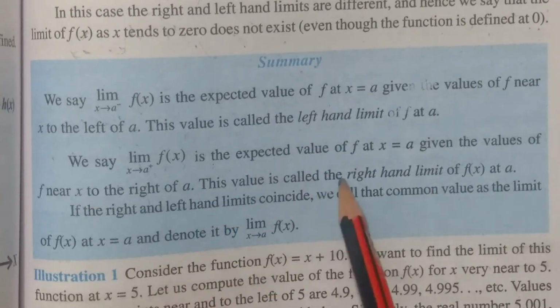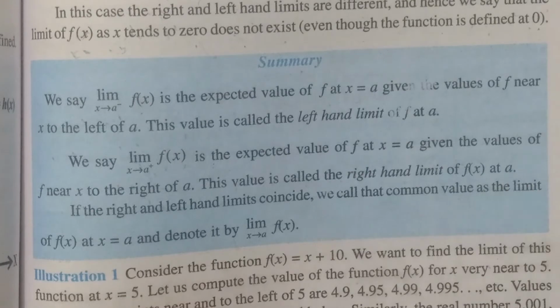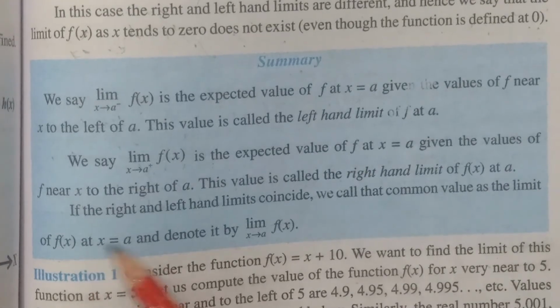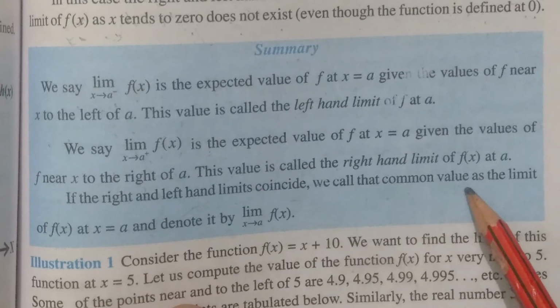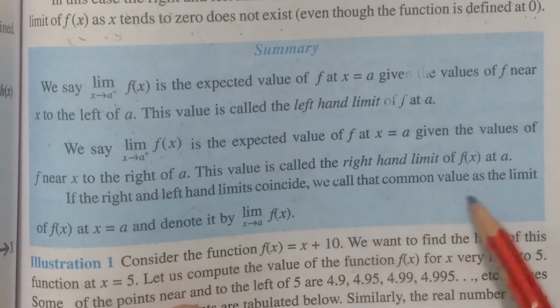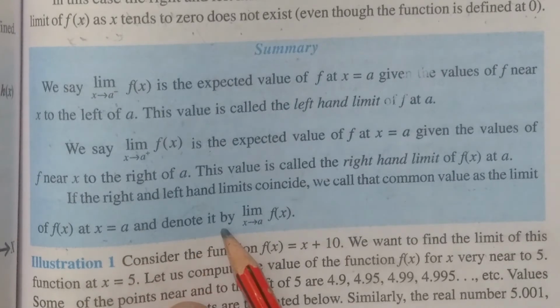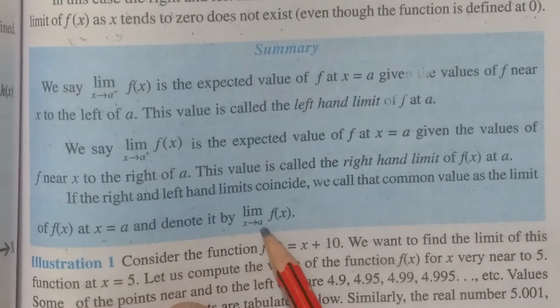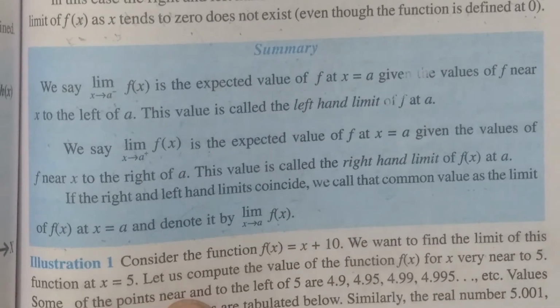This value is called the right hand limit of f(x) at a. If the right and left hand limits coincide, that means they are equal, we call that common value the limit of the function at x equal to a, and we denote this by limit as x approaches a of f(x) equals L.